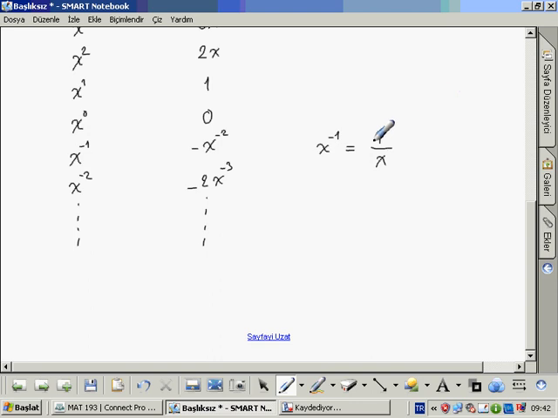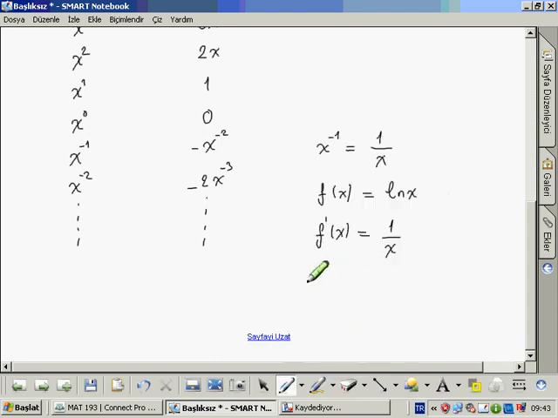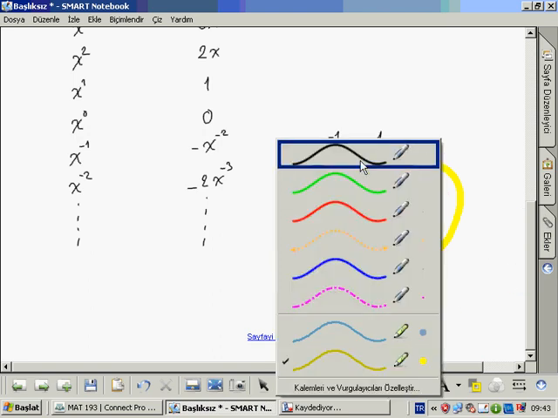And if f of x equals ln x, the natural logarithm, that means, and don't forget it, f prime of x equals 1 over x. Don't forget this part.